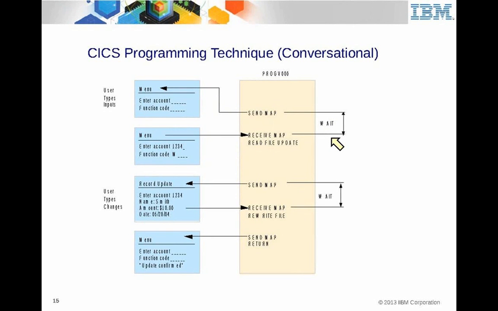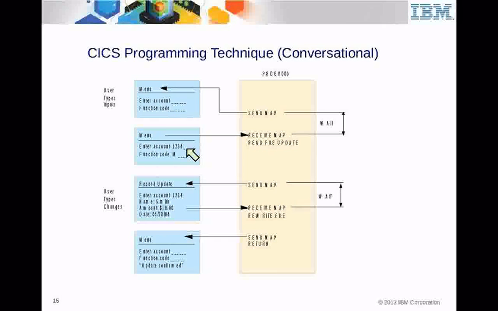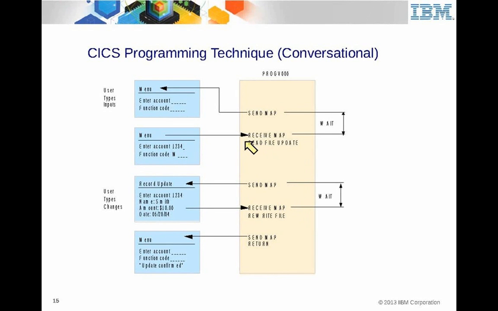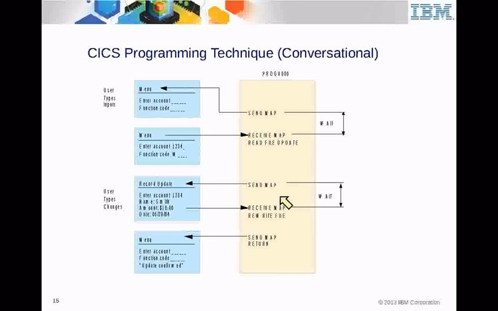It's waiting for the end user to hit enter on that screen with additional information, such as an account code, and then once they hit enter, it receives the map, and then it might read a file and update the file. A little bit of logic goes on. It sends another map back.